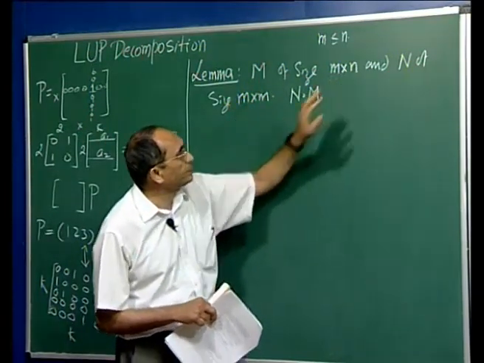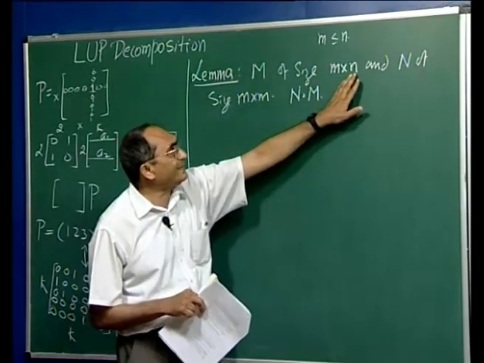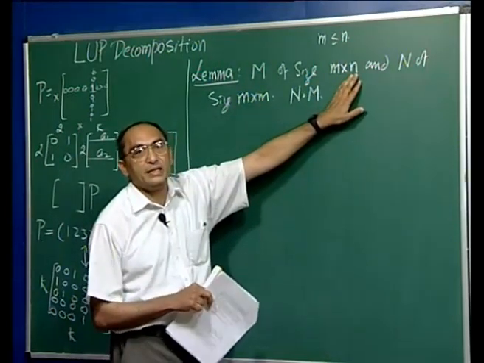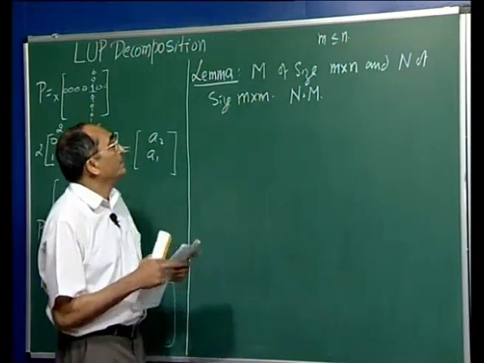Equivalently, in terms of columns, there exist m columns which are linearly independent, which we may not know.